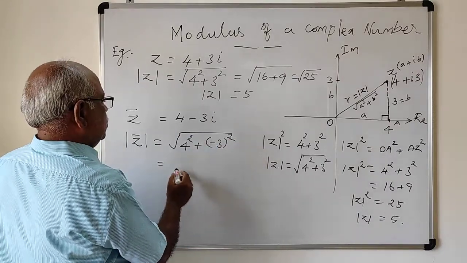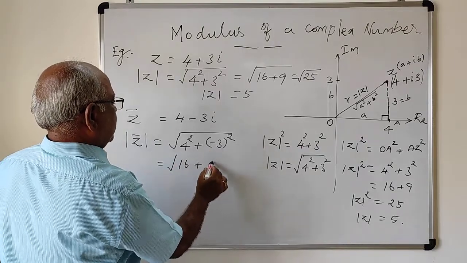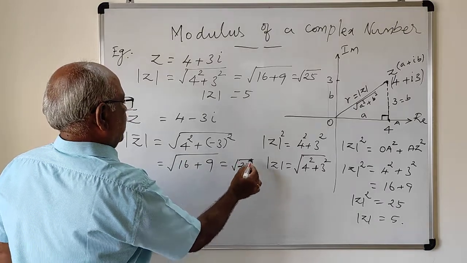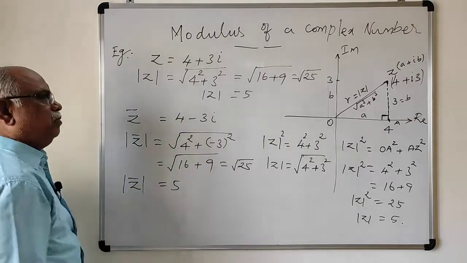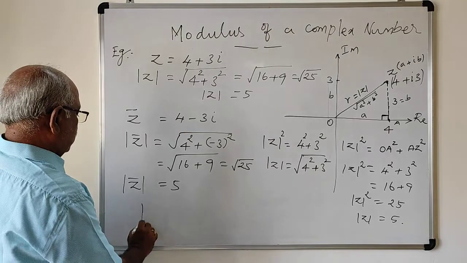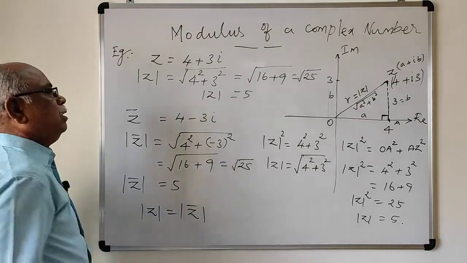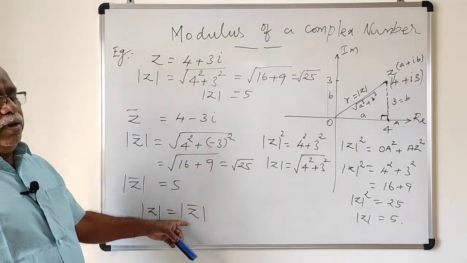Again 16 plus 9 is 25, and root of 25 is 5. So mod of Z bar is also 5. So from this I get the result: mod of Z is equal to mod of Z bar. The modulus of the number and the modulus of its conjugate are equal.